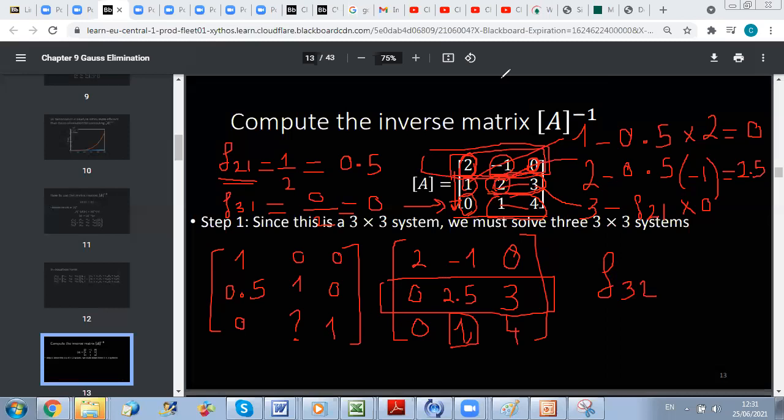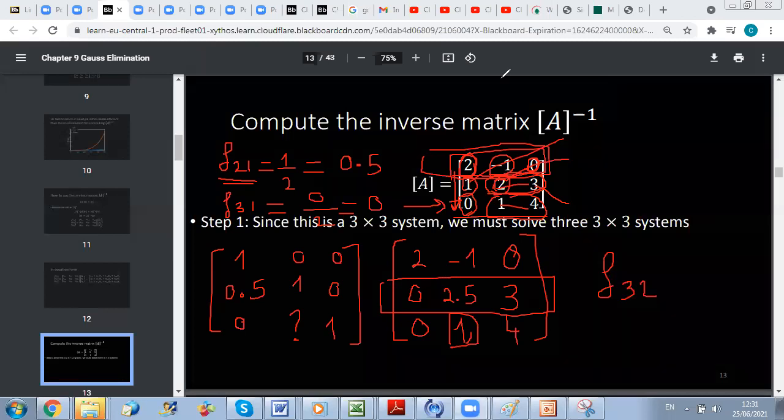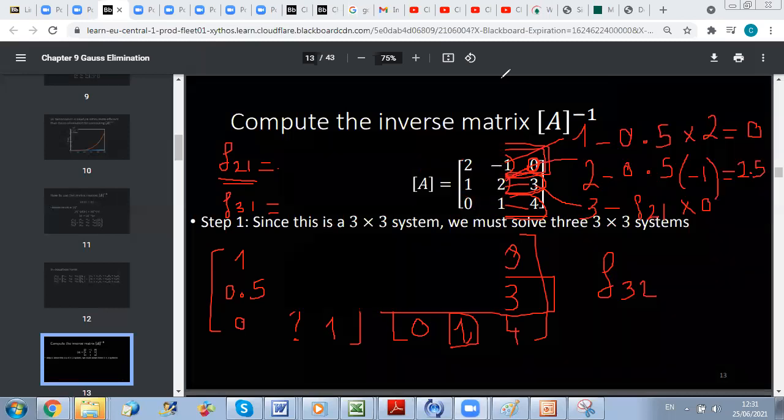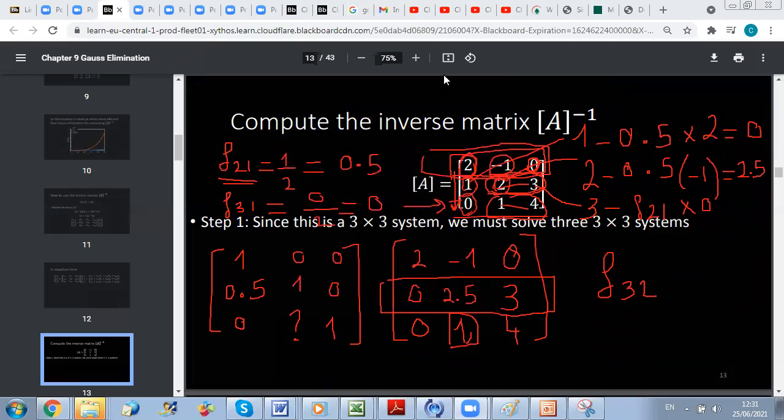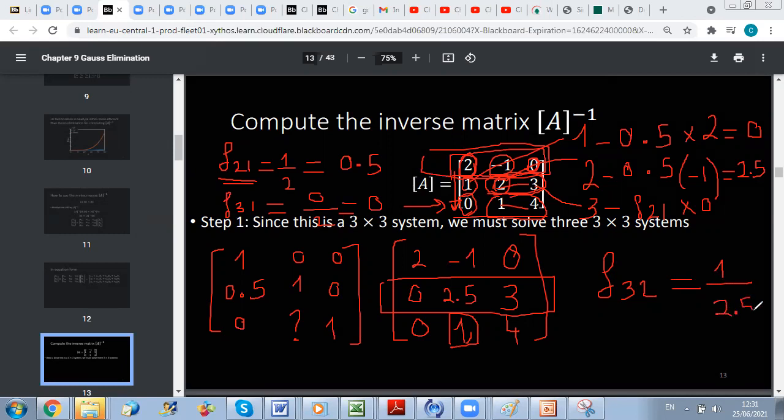Let me check questions. Yes, we will find F32 now, exactly. So now to find F32, we will say that F32 is equal to 1 over 2.5, which is equal to 0.4.